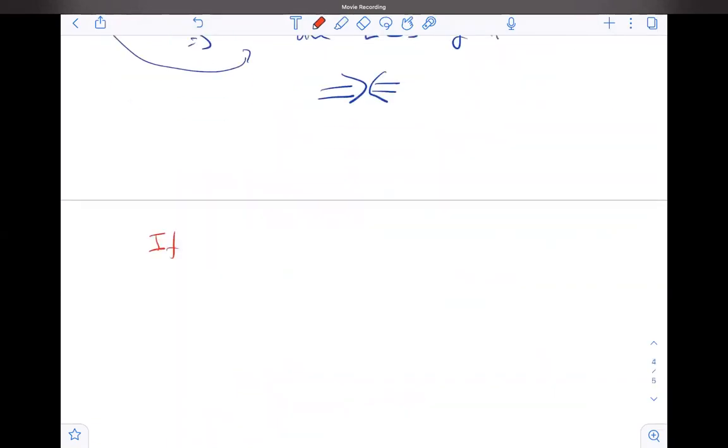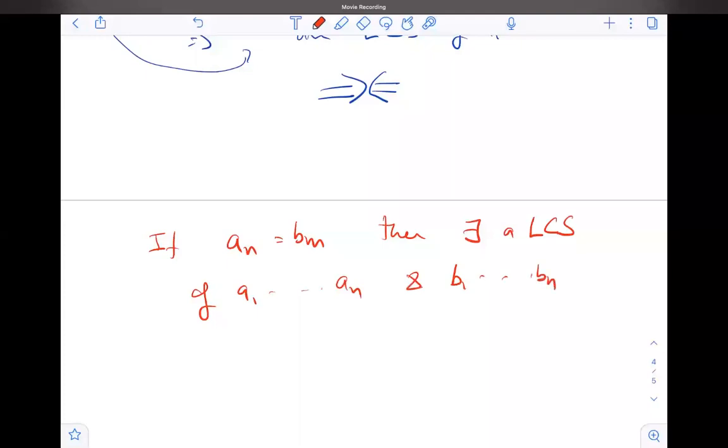If AN equals BM, then there exists a longest common subsequence of A1 to AN and B1 to BM containing AN and BM. I'm not saying that all longest common subsequences will contain it, but there exists one that contains it.